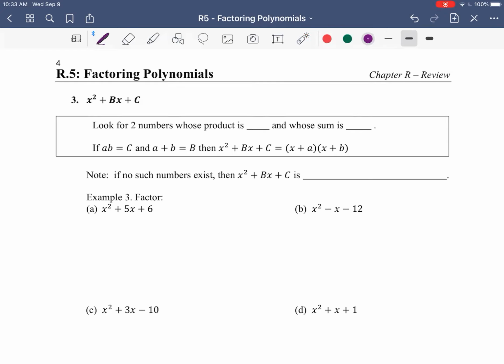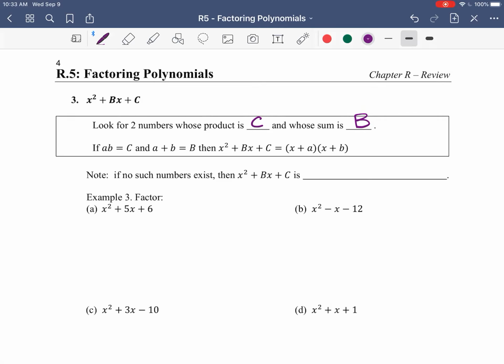What we're going to do is we look for two numbers or integers whose product is whatever c is, the constant term, and whose sum is the inner term. Okay, I have it written down below. So if the product of our two numbers, a and b, is c, and the sum is b, then we can factor it as x plus a times x plus b.